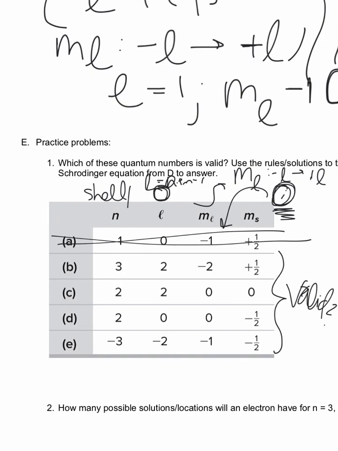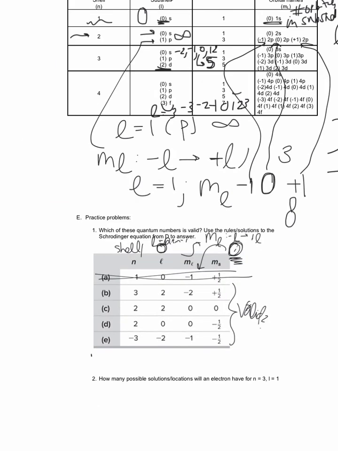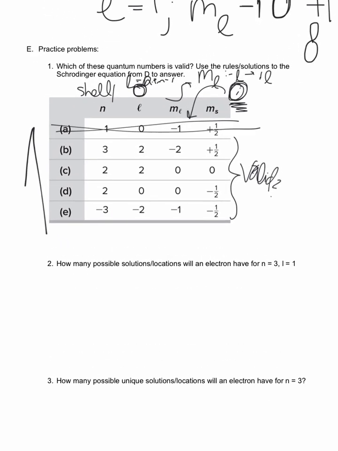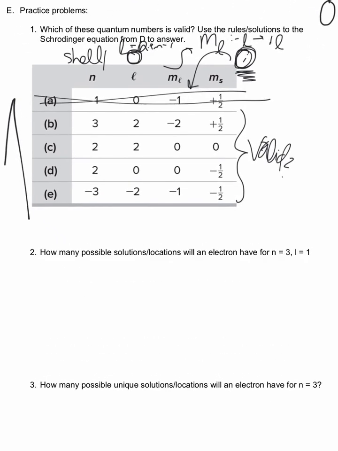All right. Now, another type of exercise that you may be asked to do is to be given a particular set of quantum numbers. How many possible solutions will that electron have? I'm going to take the example of an electron with n equals 3 and L equals 1. So level 3 and then p orbitals.